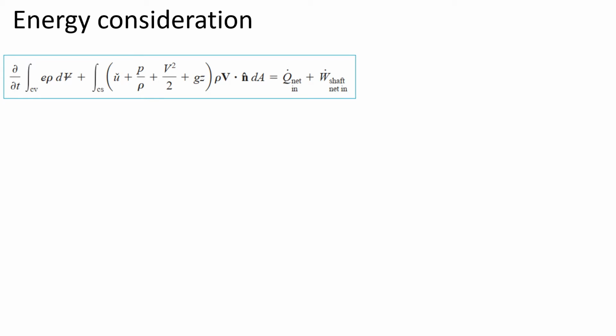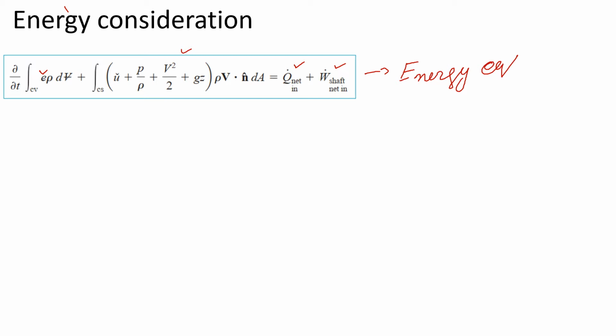So for energy consideration, we will be using our Reynolds transport theorem, the energy equation that we derived. This is the energy equation that we derived using the Reynolds transport theorem by taking the specific energy as our intensive property, but the total energy comes out to be the sum of the net heat transfer in and out and the net power transfer to the shaft in case of pump and turbine.